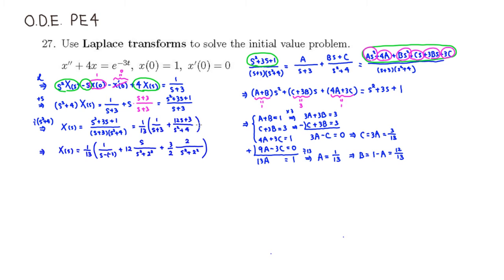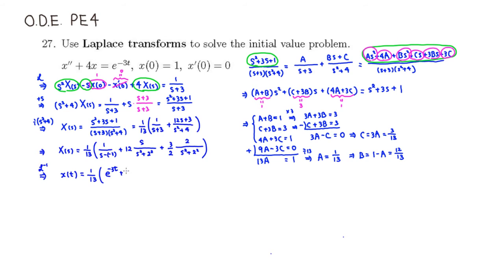All right, then we can find the inverse Laplace transform. So we take the inverse Laplace transform to get x of t. This is going to be 1 over 13, then this is going to be just e to the negative 3t.